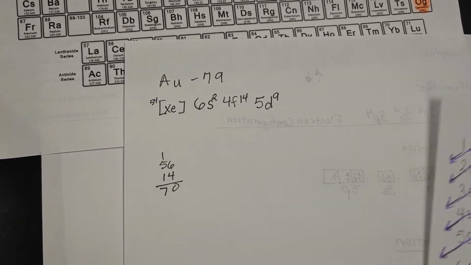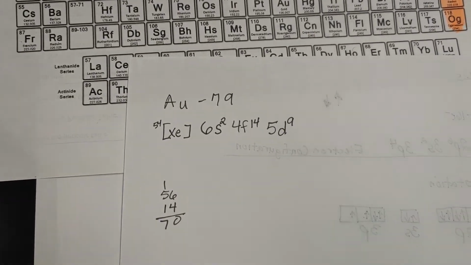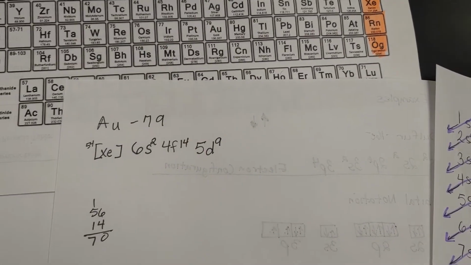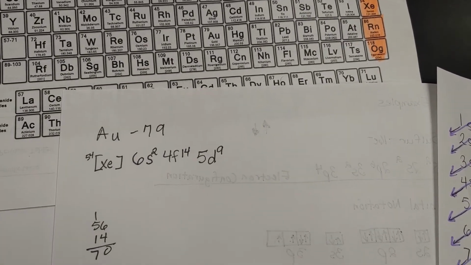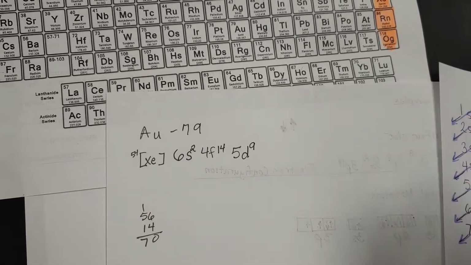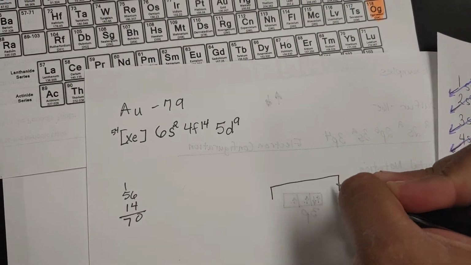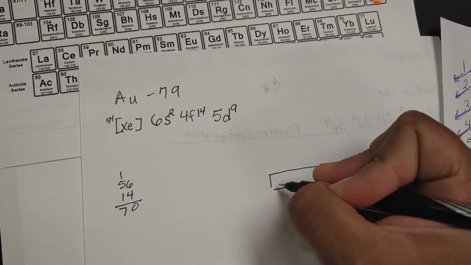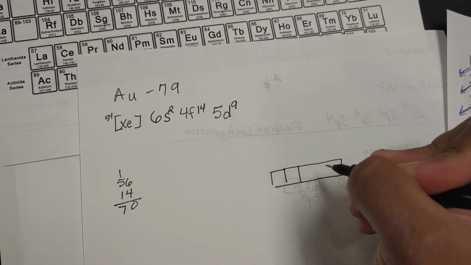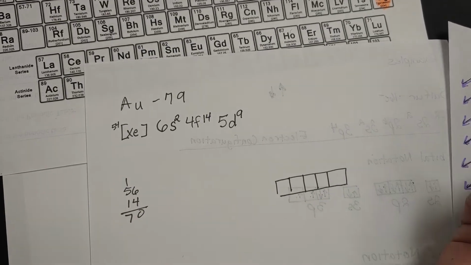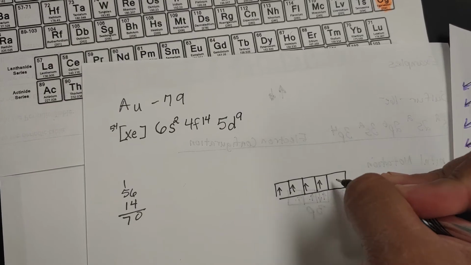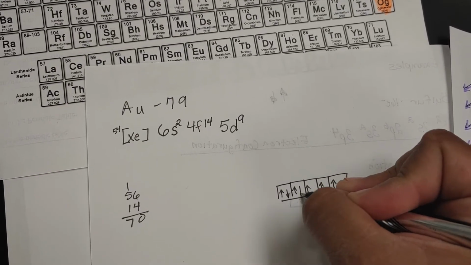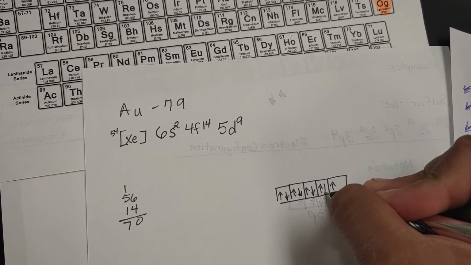But in chemistry, sometimes we have to borrow. And the way it works is, imagine it's orbital notation. Remember, the D sublevel has 5 orbitals, right? Okay, so that would be 1, 2, 3, 4, 5, 6, 7, 8, 9.